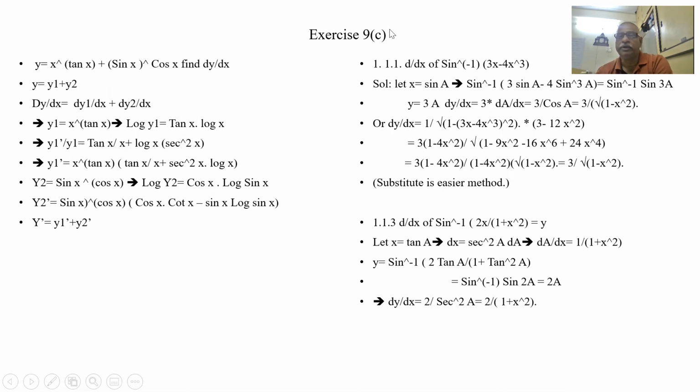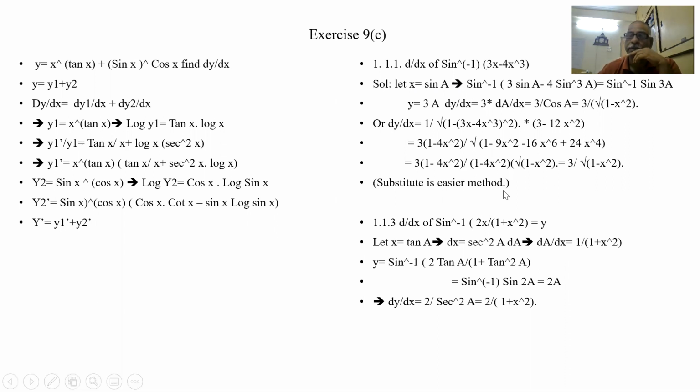Let us do exercise 9. dy by dx of sine inverse of 3x minus 4x cubed. We know 3 sine theta minus 4 sine cubed theta is sine 3 theta. So I put x as sine theta. So this is sine inverse sine 3a, the answer is 3a. So dy by dx is 3 into dA by dx. What is dA by dx? cos a dA is equal to dx. So dA by dx is 1 by cos a, which is 1 by square root of 1 minus x square.